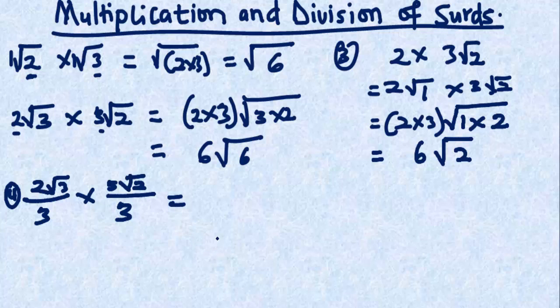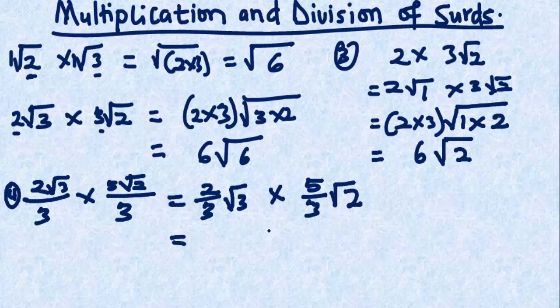Multiplying this, we can express it as 2 root 3 over 3 multiplied by 5 root 2 over 3.